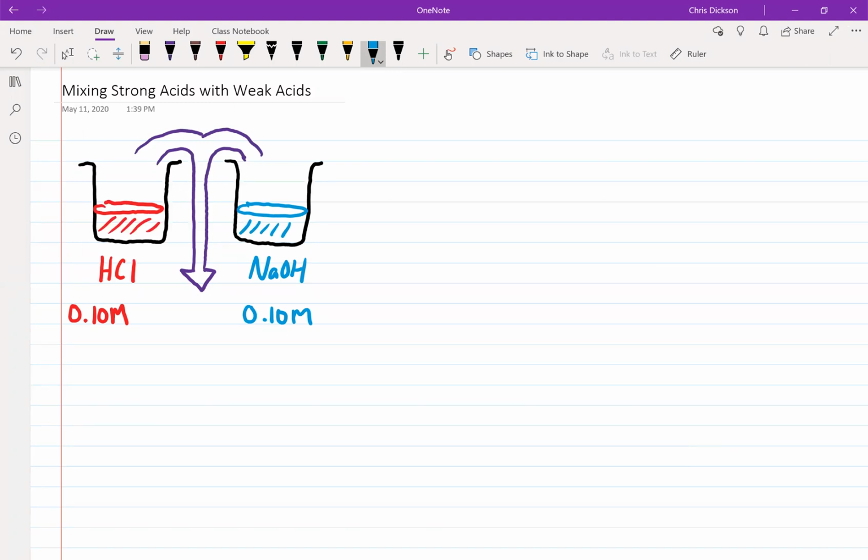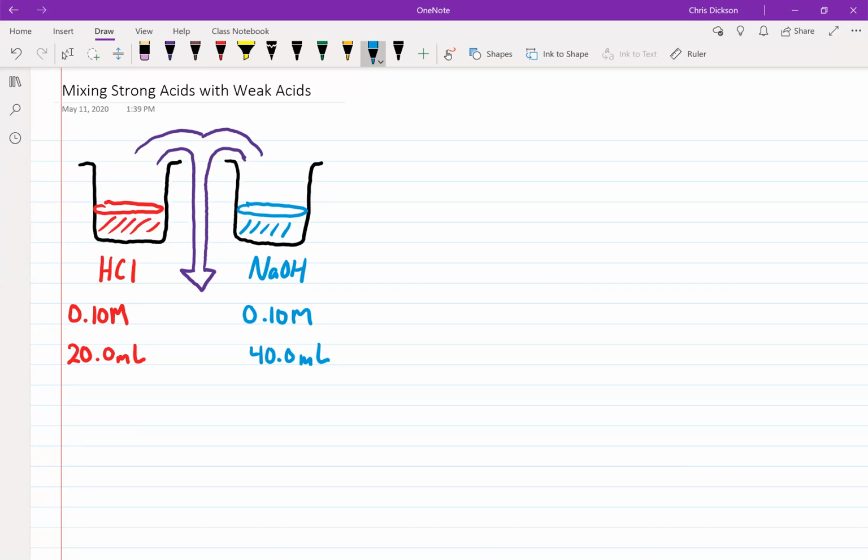But let's say you took 20.0 milliliters of the acid and mixed it with 40 milliliters of the base. So although you had equal concentrations of chemical, you have different volumes being mixed together. Think about what the pH would be for this.